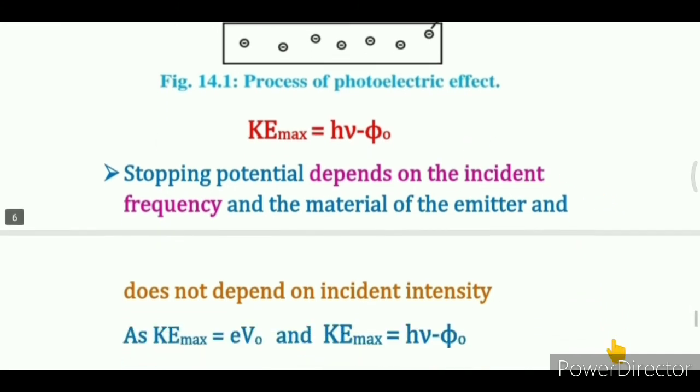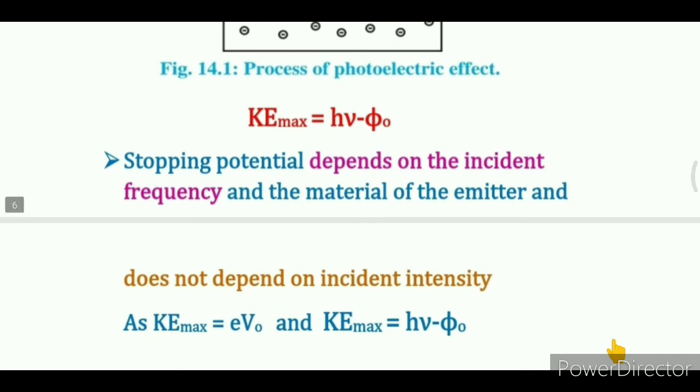Now, the maximum kinetic energy here is eV naught, and as per the photoelectric equation it is h nu minus phi 0. The ejected electrons that have kinetic energy more than eV naught can reach the collector, and hence current flows.